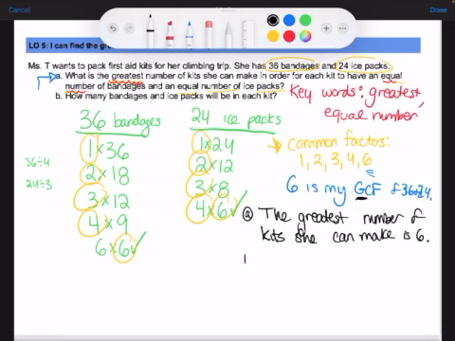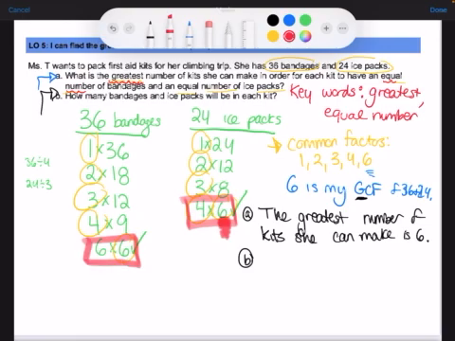And our second question here says, how many bandages and ice packs will be in each kit? Now, for this, I'm going to go to the factor pairs that include that 6. So here we have 4 times 6. That used our 6. And here we have 6 times 6. That also has our greatest common factor.